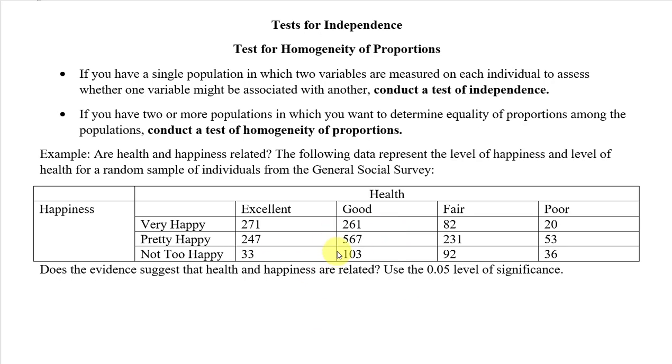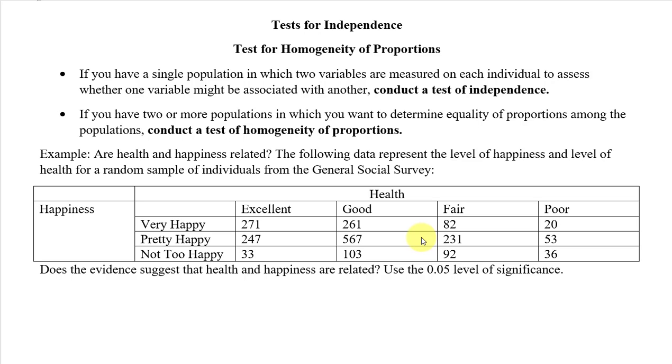Now, the null hypothesis is that the variables are not associated, or independent. So the assumption for the null hypothesis is that the variables are not associated: the row variable and the column variable, happiness and health, are independent.